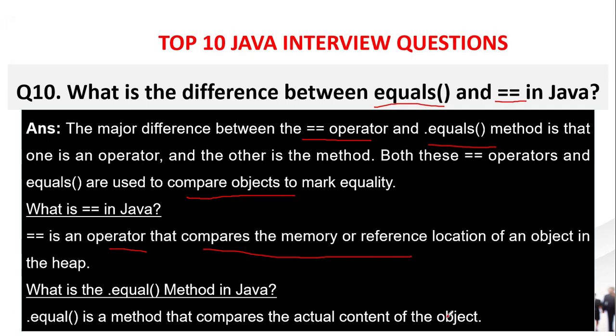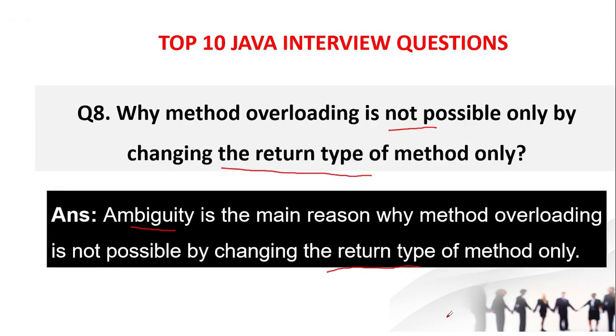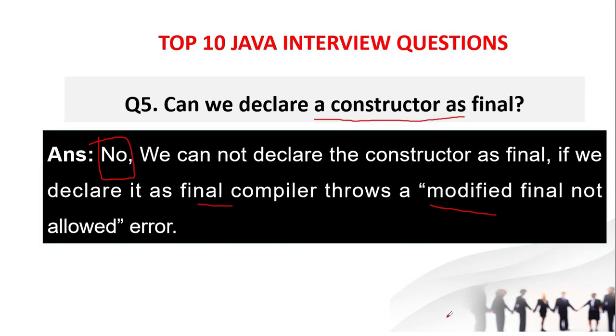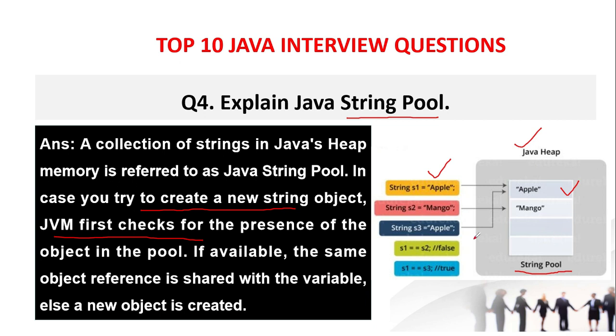For example, if I take you again to that diagram, the string pool or heap memory, here you can see S1 is pointing to apple, S3 is also pointing to apple. So if I compare S1 is equal to S3, it returns true because S1 and S3 are pointing to the same memory location.